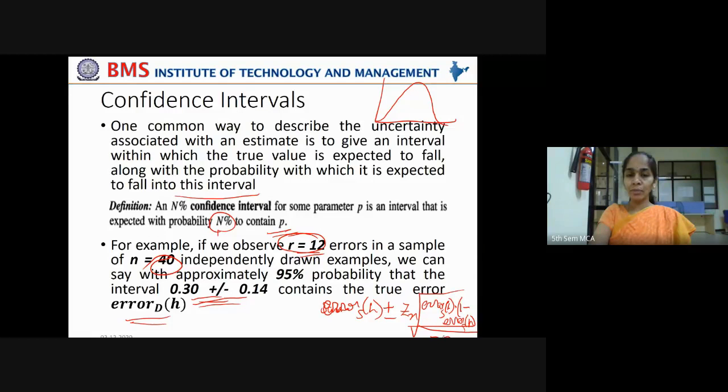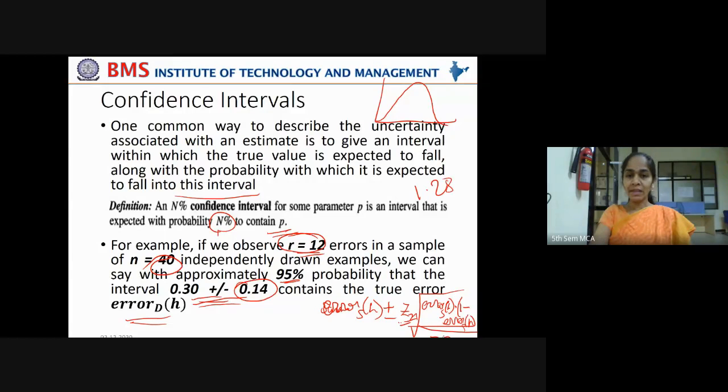Okay, plus or minus with this 95% confidence interval, what is the Z value associated? 1.28, right? So 1.28 multiplied by the square root of 0.30 into 1 minus 0.30, that is 0.70, divided by 40, you will get this 0.14. Okay, so that interval we are taking.